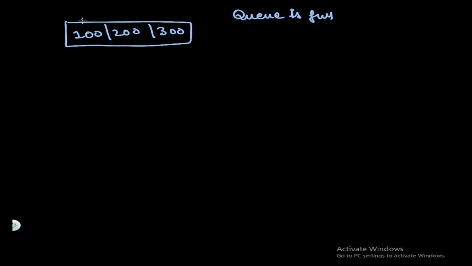And this is my front element, and this is my rear element. Now I want to enqueue. Sorry, not enqueue. If I do enqueue over here, it would result in overflow, because my capacity is equivalent to size. So it will just result in overflow.